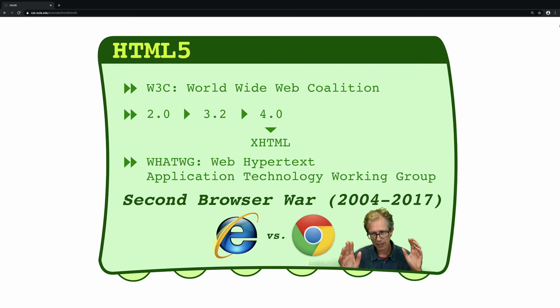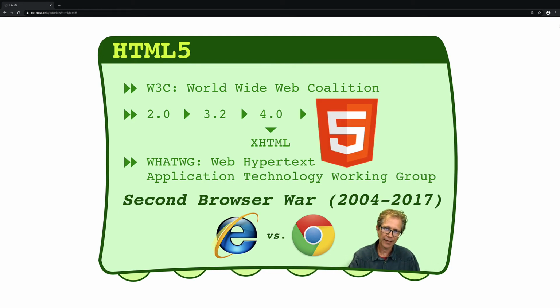Some other browsers, but I think we all know who kind of came out on top at the end of this war. And at the same time, it led to the development of HTML5, which added some new tags, fine-tuned a number of things. May not have been as revolutionary as HTML4, but is kind of where the web stands today. A lot of improvements.